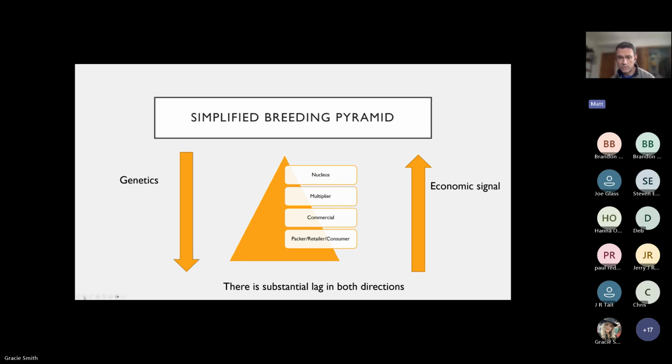So what does a packer, retailer, consumer want? That needs to make it back to nucleus herds such that we create genetics that actually match those needs. And so reducing the lag in both directions, I think, is advantageous as we think about not only what traits to select for, but the relative emphasis of those traits in our selection decisions. Next slide.